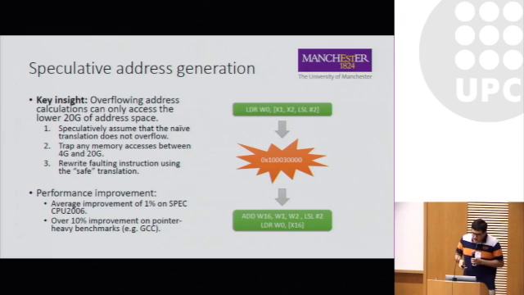So we note that we have plenty of address space in the 64-bit process, so we can just reserve the range of memory from 4 gigabytes to 20 gigabytes and trap any accesses to it. Then we can just use the simple translation and hope that it works.